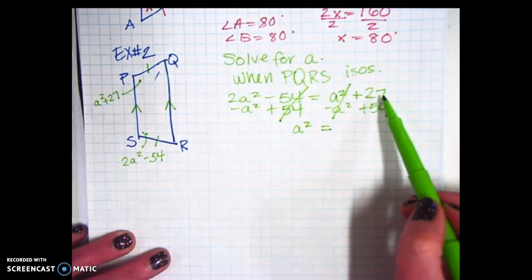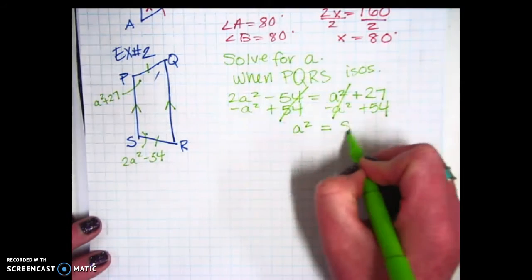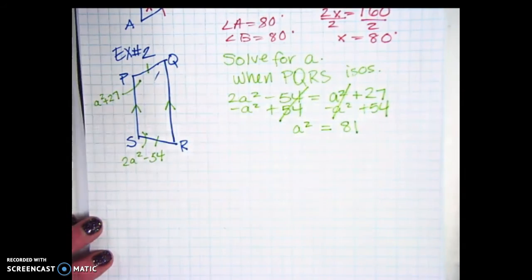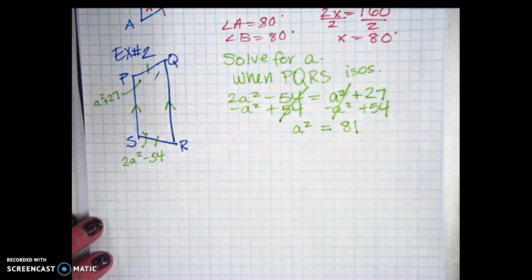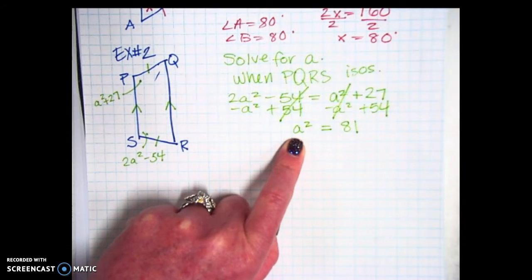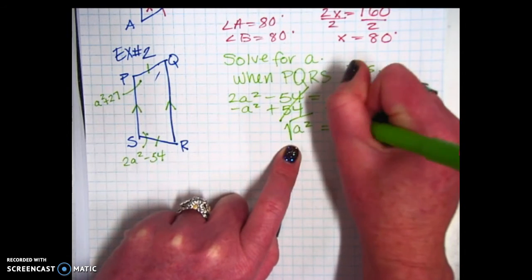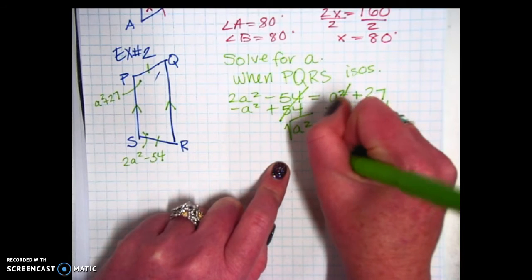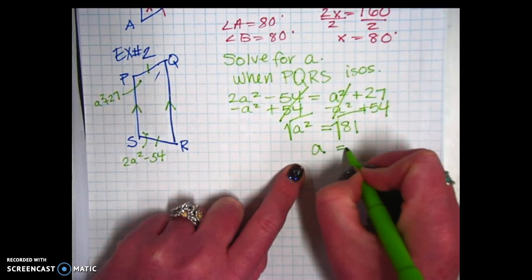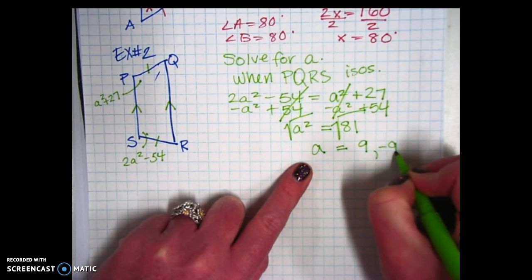And then on the right, we have 27 and 54. Anybody got that one? 81. There's your 81. Do we like 81? Yes, because if this is squared, the inverse operation is to do what? Square root. So I'm going to square root both sides, which tells us that A is equal to 9. It's also technically equal to -9.